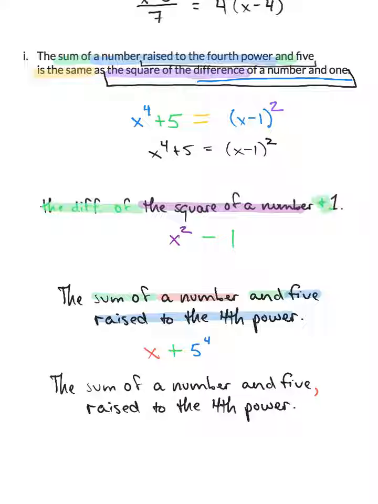And so now this one will have parentheses because I want this and then this. So my final answer for this one will be x plus 5 inside parentheses with an exponent of 4 outside of the parentheses.